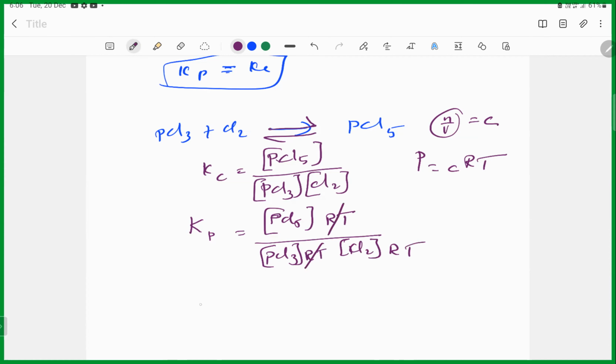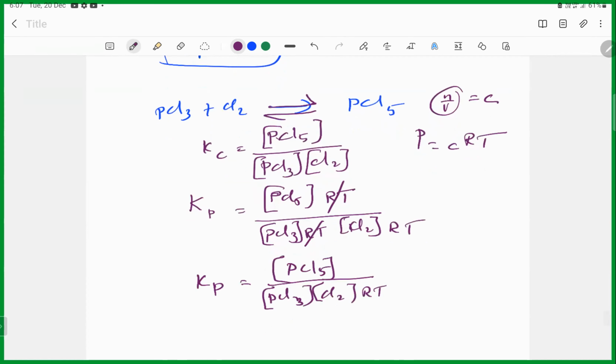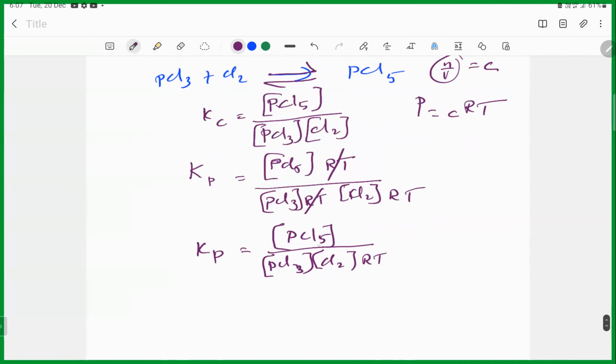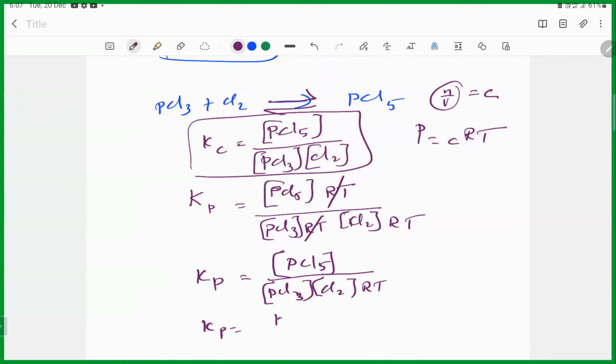Then Kp is equal to PCl5 divided by PCl3 into Cl2, and everything divided by RT. Now PCl5 by PCl3 and Cl2 is nothing but Kc. So Kp is equal to Kc into 1 by RT, or otherwise Kp is equal to Kc into RT power minus 1. Otherwise Kp is equal to Kc into RT power delta ng.